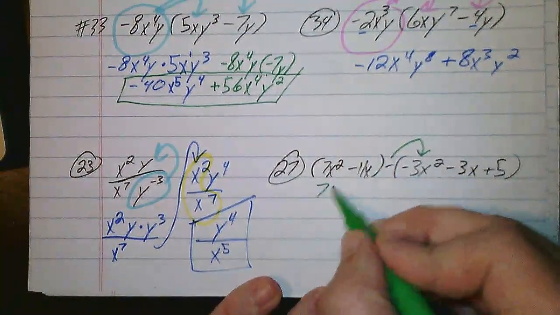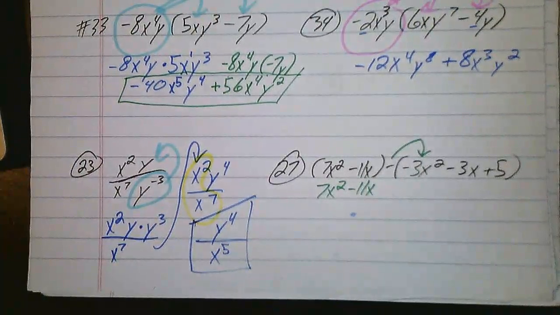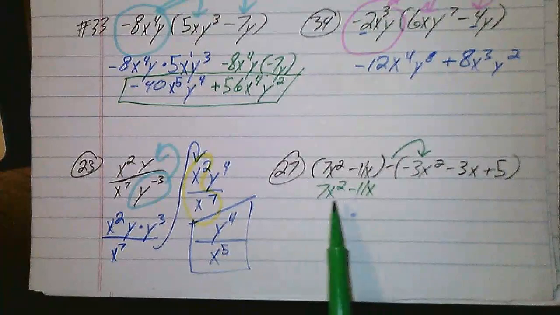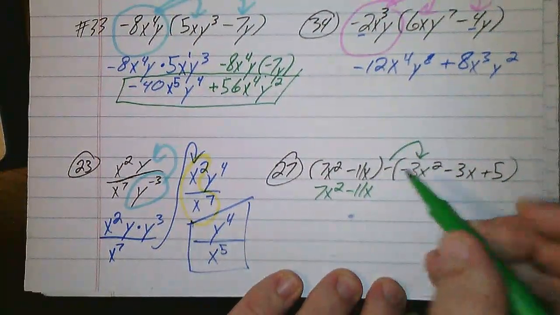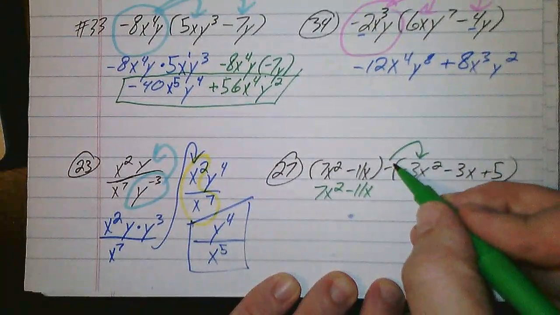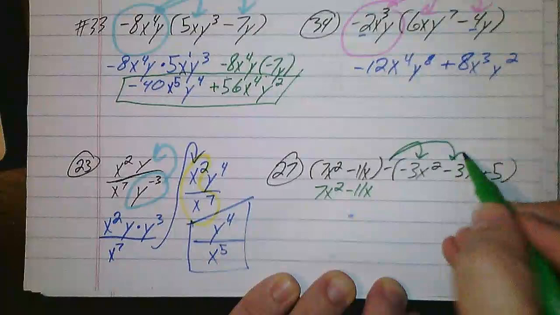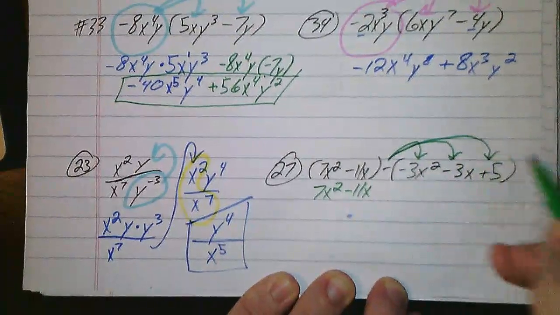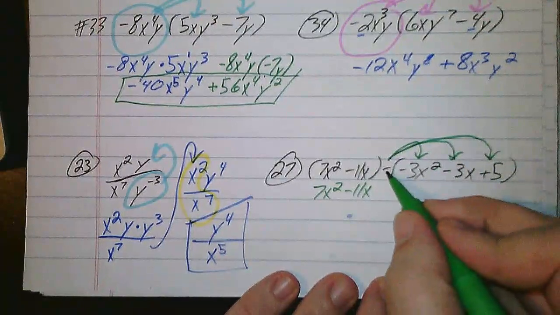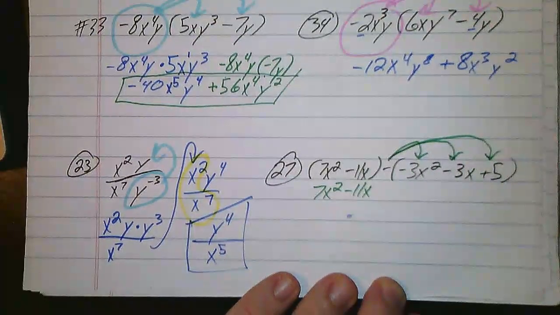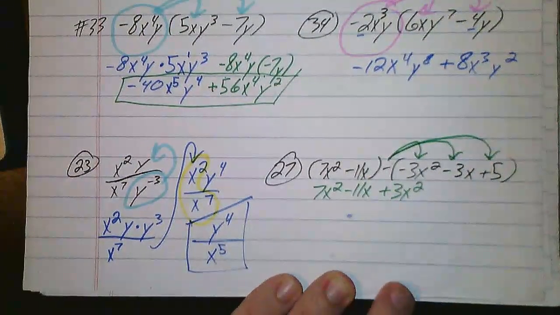But here I can carry down my first binomial. There's no negative in front of it. That's going to change their signs. But I am distributing. You can think about it as a -1 or just the negative, or perhaps just to change all of the signs. A negative times a -3x squared becomes positive 3x squared.